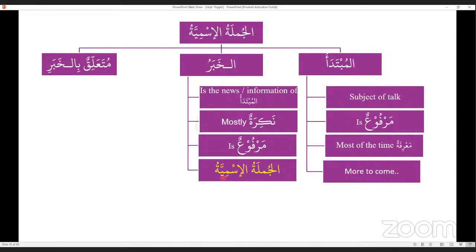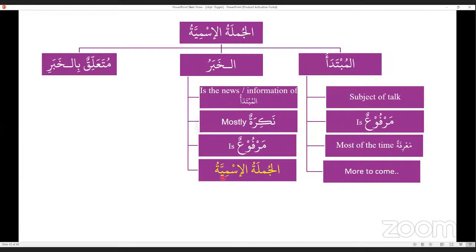Because by definition, Khabar is Marfu. Ideally, Khabar should be marfu. But when the whole thing is jumla ismiya, then I will say khabar is jumla ismiya fi mahalli raf.